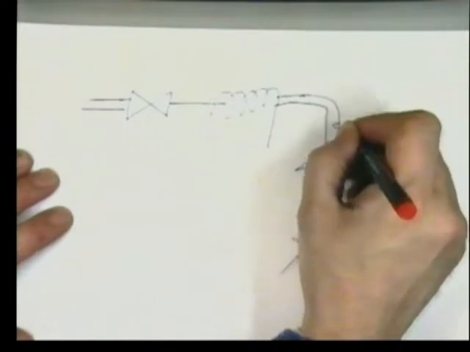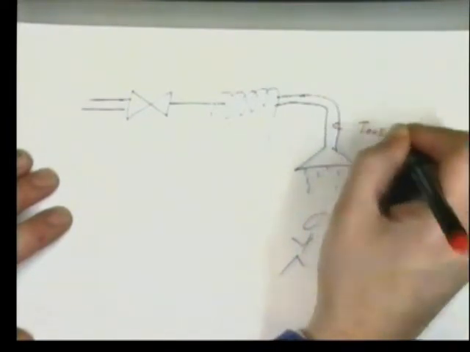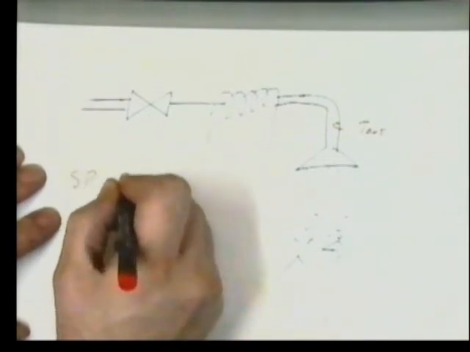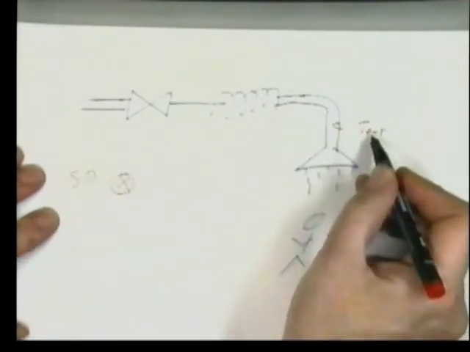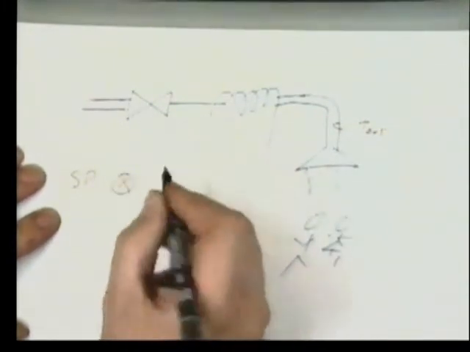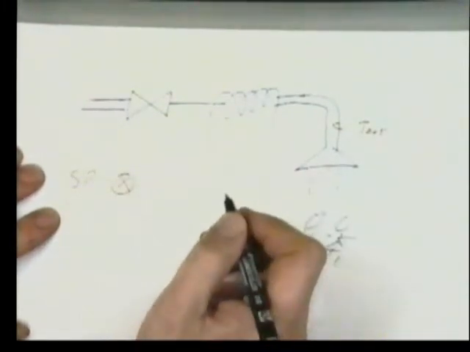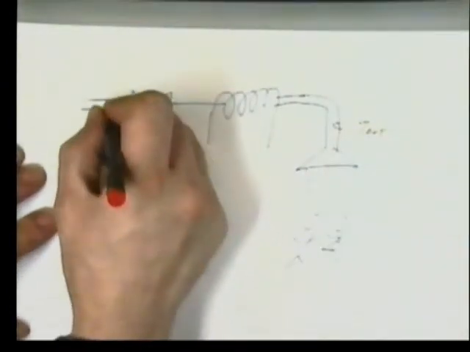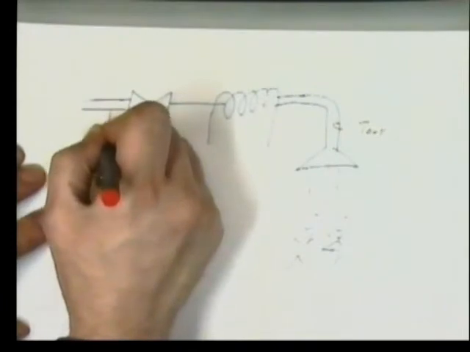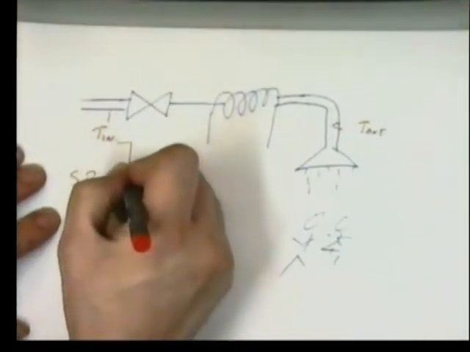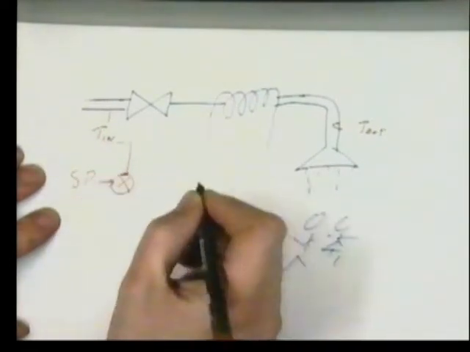If we monitor here the output temperature, and we have here a set point, we know that taking the error signal with the output and the set point will bring us under control, but it will be too late. So what we have to do is, instead of measuring the output temperature, we measure the input temperature. And we compare that to our set point.